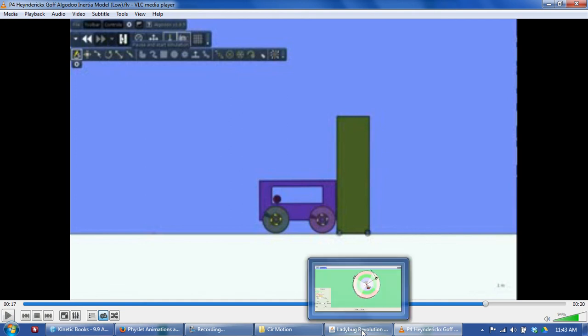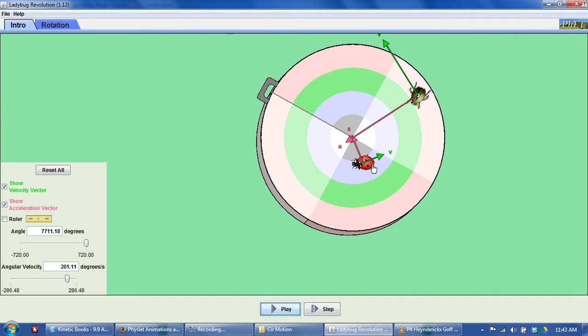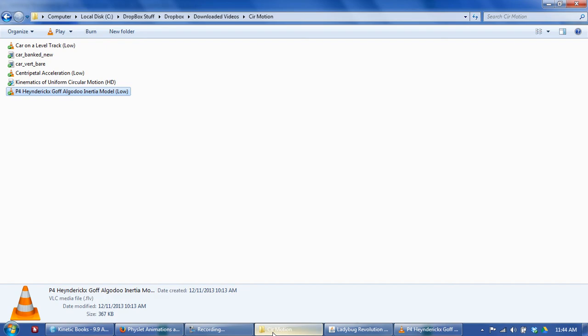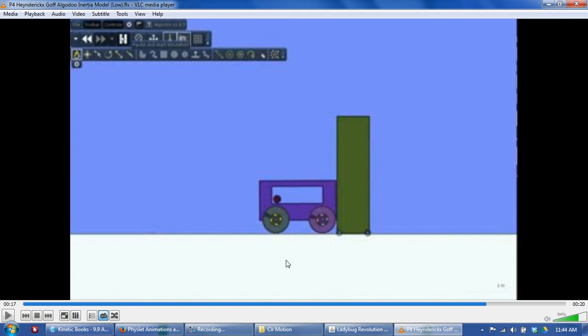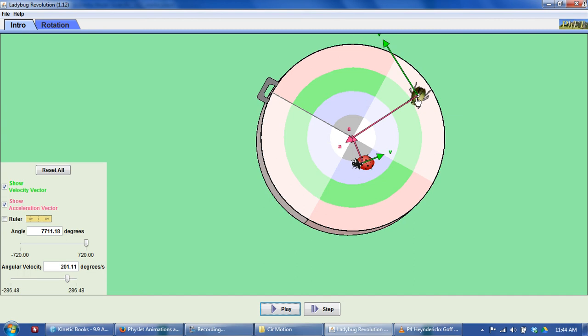This happens whether we're looking here at the ladybugs, or we're looking at the cars going around the circle, or any of those, because we have that need to have a force to explain the acceleration. And that force is the centripetal force, pulling them inwards.